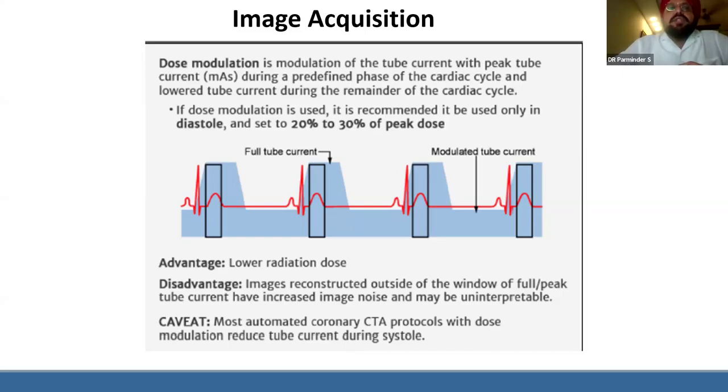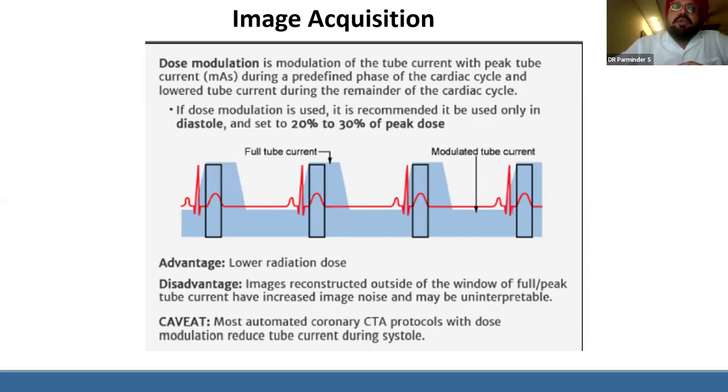The advantage of dose modulation is the lower radiation dose. The disadvantage is that if we want to reconstruct the images outside of this full current window, the images may be noisy and may not be interpretable. We must remember that most of our labs or CT angio technicians use protocols for CT coronary angios.